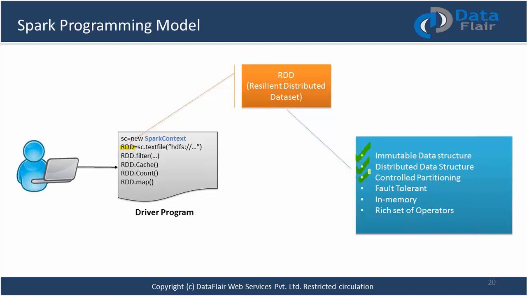It's having controlled partitioning. Another pretty important feature, guys: fault tolerant. RDDs are fault tolerant. At any point of time, if any machine is down, no issues, it will keep all the execution points ready. It keeps all the execution flow in a directed acyclic graph.